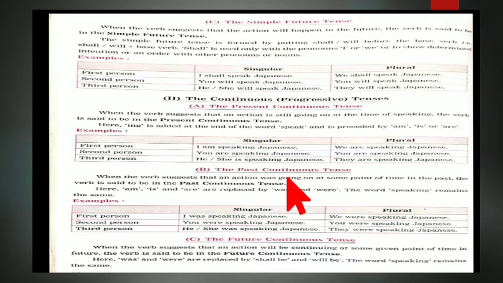In the past tense, am, is or are is replaced by was or were according to the singular and plural form. So here also was and were will be replaced by shall be and will be, and the word speaking will remain the same, that is, the verb with ing added.